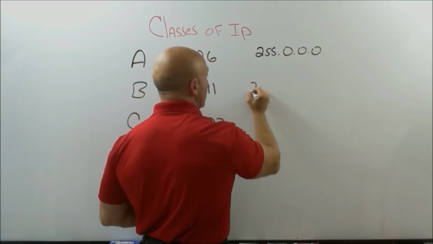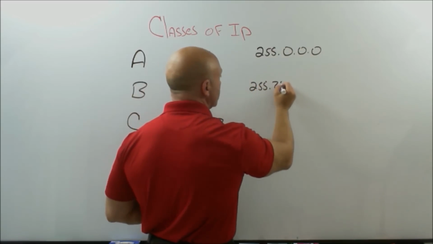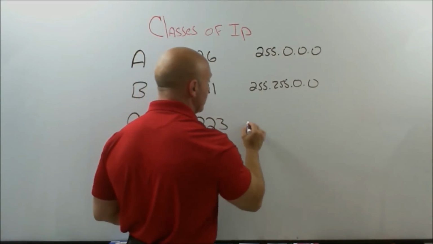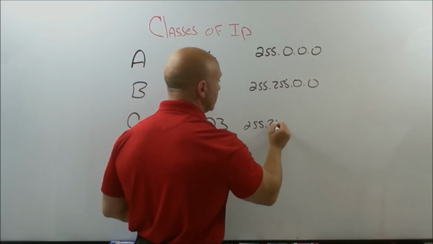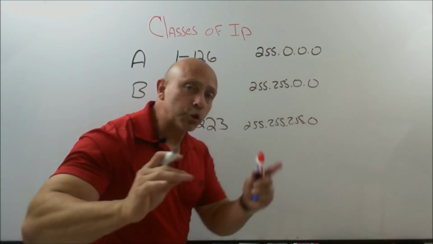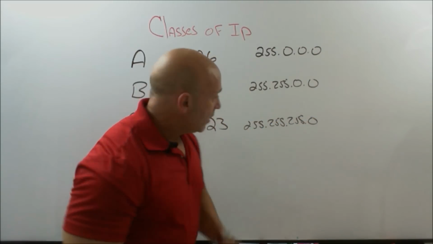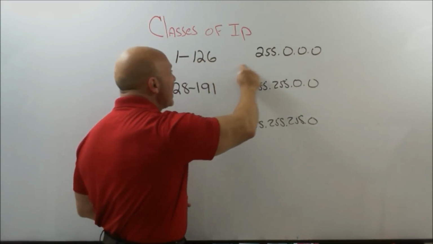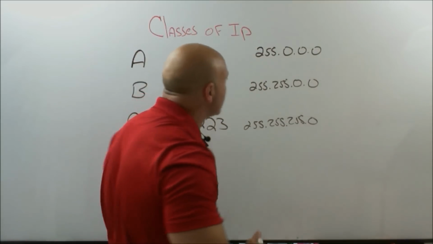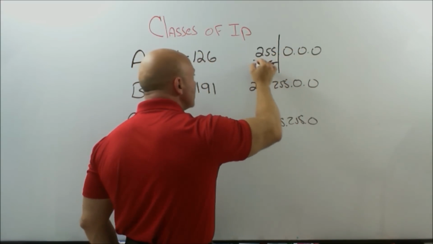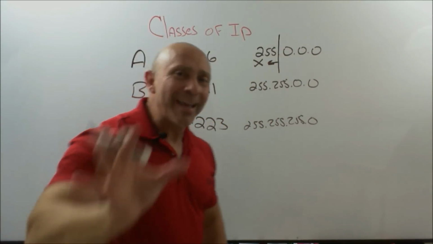For a class B, you have 255.255.0.0. And for a class C, you have 255.255.255.0. And this is why it is so important to know the class of address. Because if you have a class A address, right here is telling you that this side right here is completely on. You cannot mess with it.